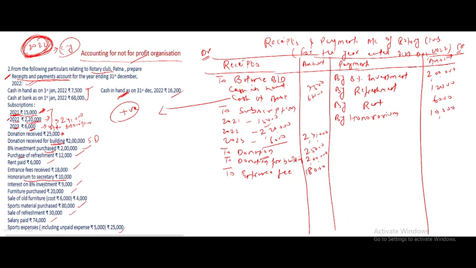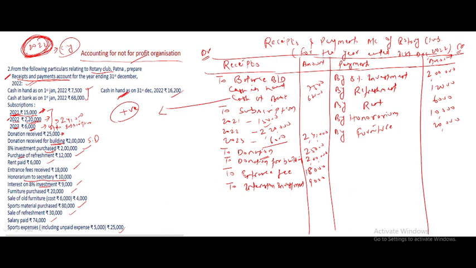Next, interest on investment. If we invest then we receive interest, so it is recorded on the receipt side. To interest on investment, amount is 9,000. Okay, furniture purchase: we purchased furniture and paid, so it is recorded on the payment side: By furniture, 20,000.